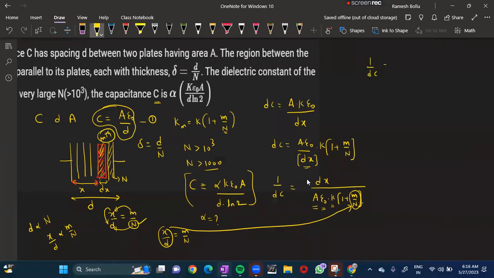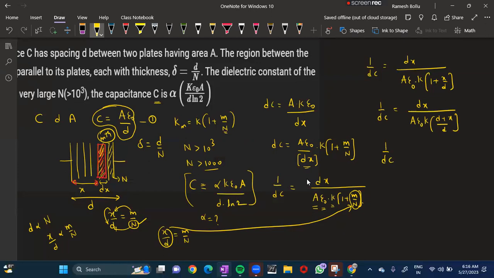In the place of m by N, I can substitute here. So 1 by dC equal to dx whole divided by A epsilon naught into K into 1 plus x by d. So 1 by dC equal to dx divided by A epsilon naught K into (d plus x) divided by small d.